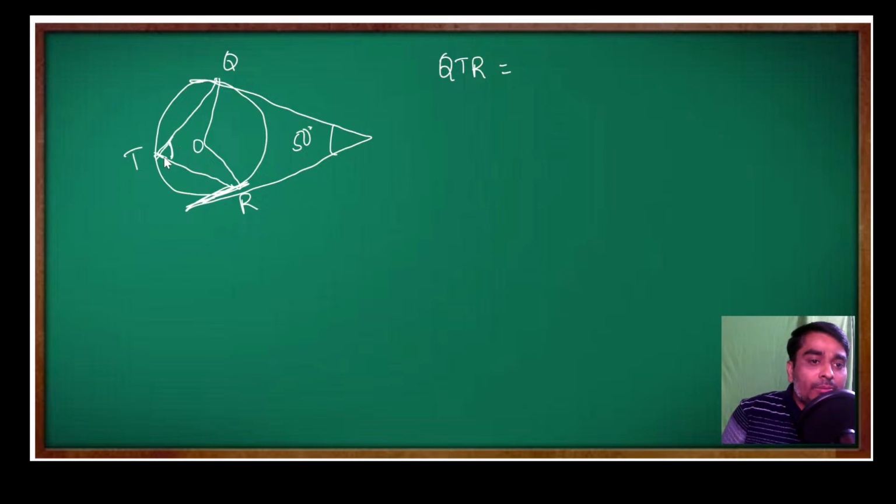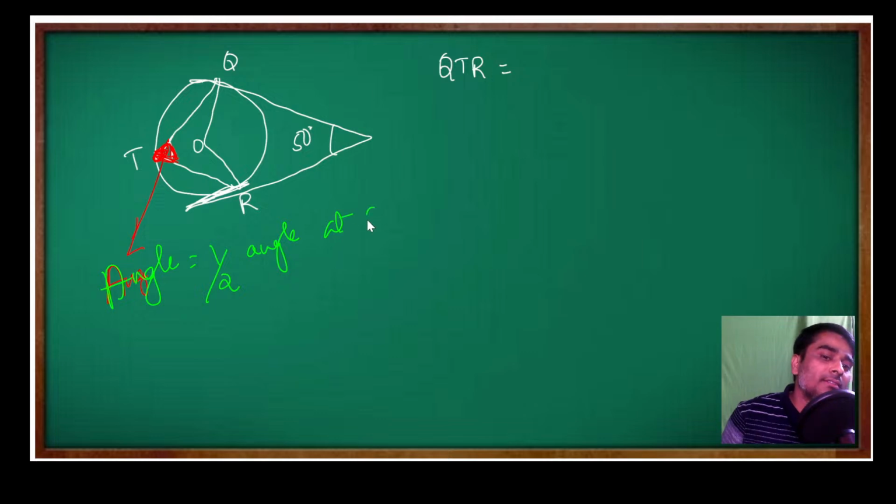The angle subtended at the circumference, the angle at the boundary, will be half of the angle at the center.